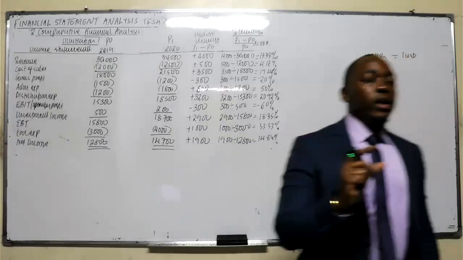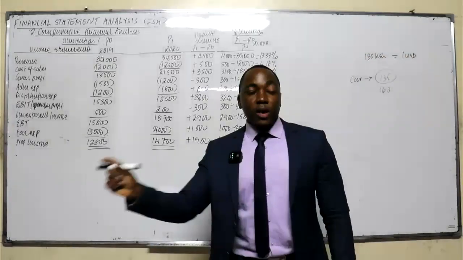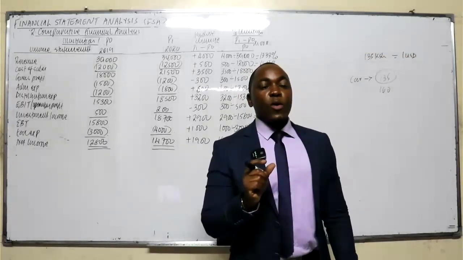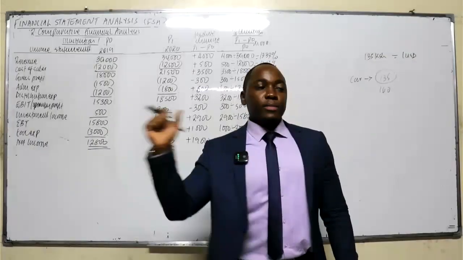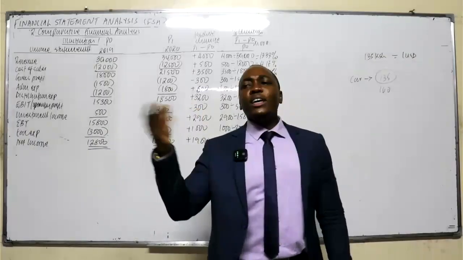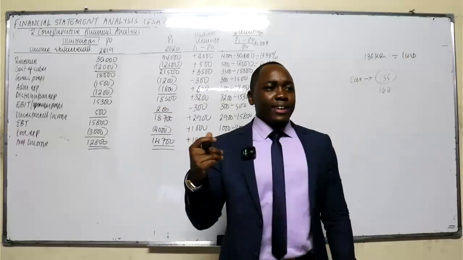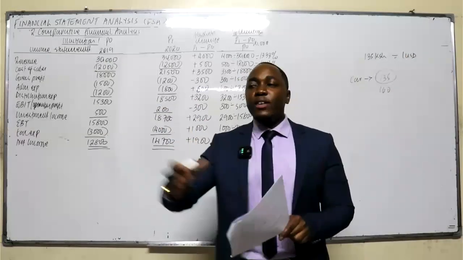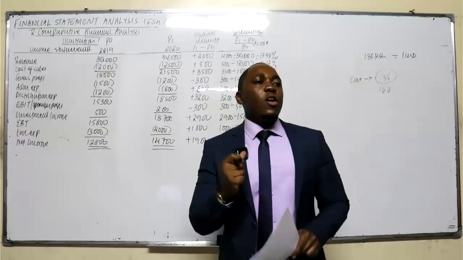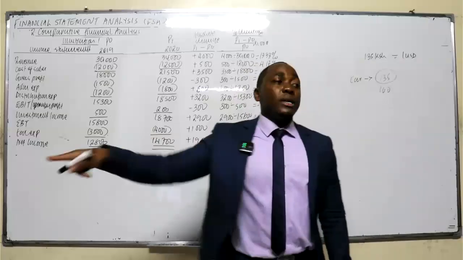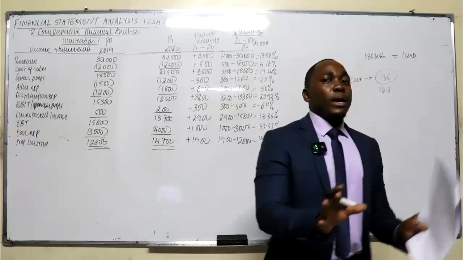Also, when you're comparing your company over time, it's known as trend analysis, comparing a company over a given period of time. Also, when you're comparing your company against a competitor, not the industry now, but your competitor.